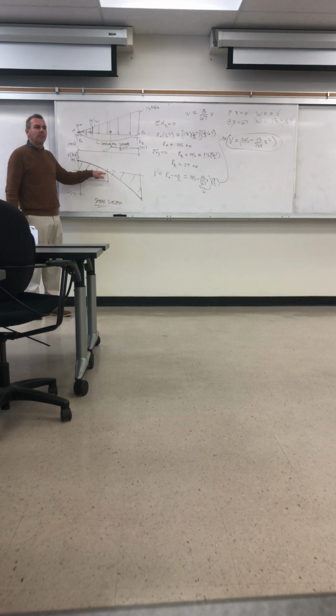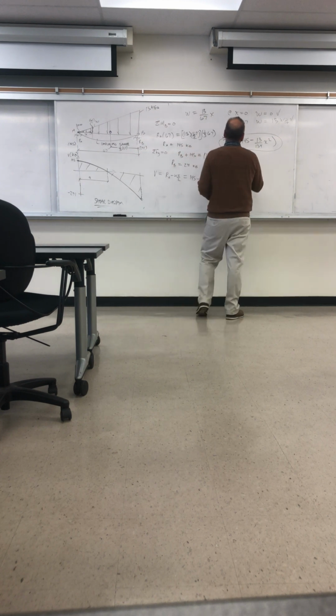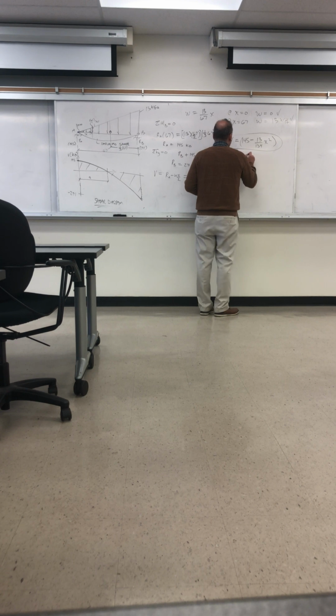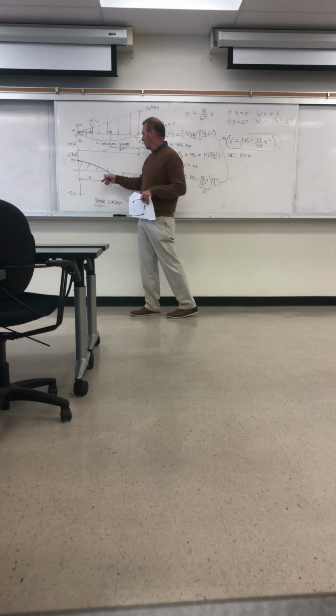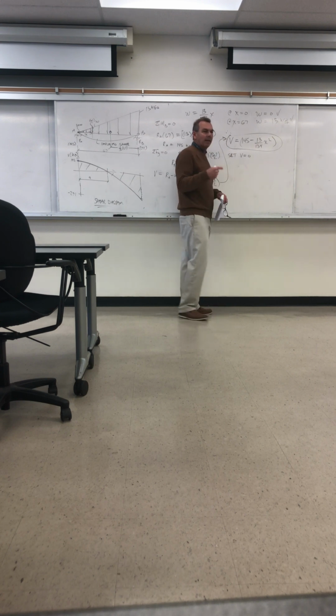So the minimum on the shear diagram is going to be the maximum on the moment diagram. In this case, when I say minimum, I mean the 0. So we have the equation here. So we just set it equal to 0, this is your shear, so this is the point at 0, and we can solve for A. The x we get out of that would be that A distance, right?